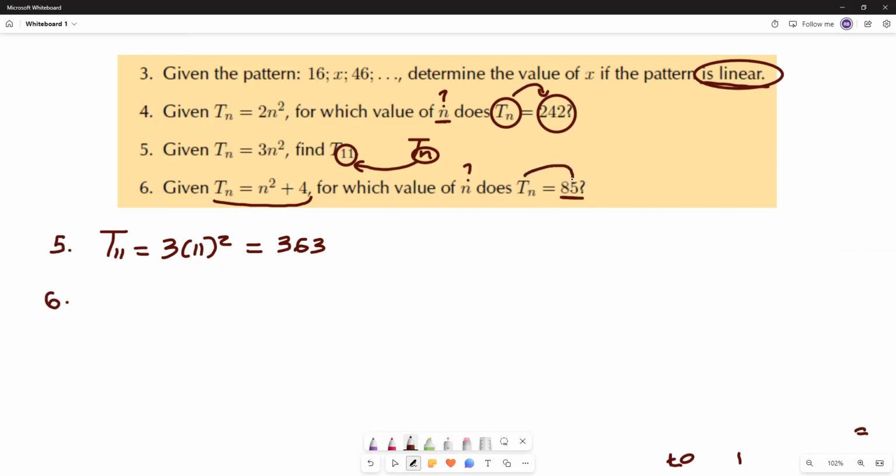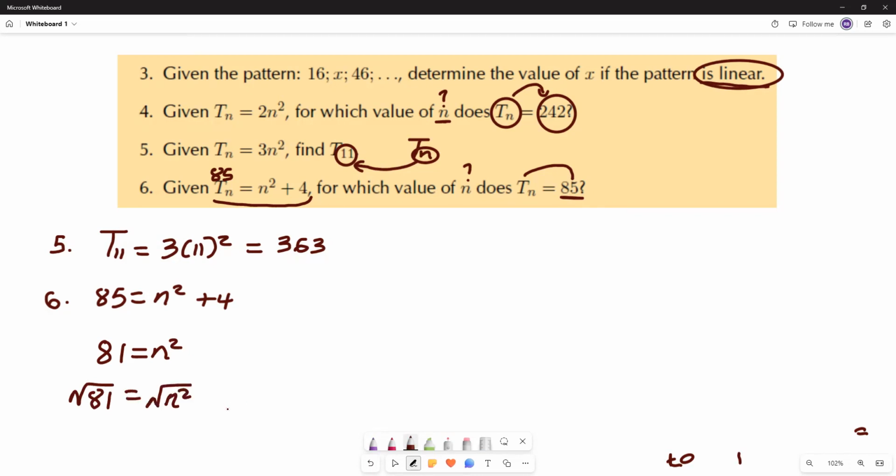So we're going to replace the Tn with 85 because that's what they gave us. So we're going to say 85 equals n squared plus 4, right? And then you take this to that side, you get 81 equals n squared. Therefore, you can square root both sides. I'll just leave it like that.